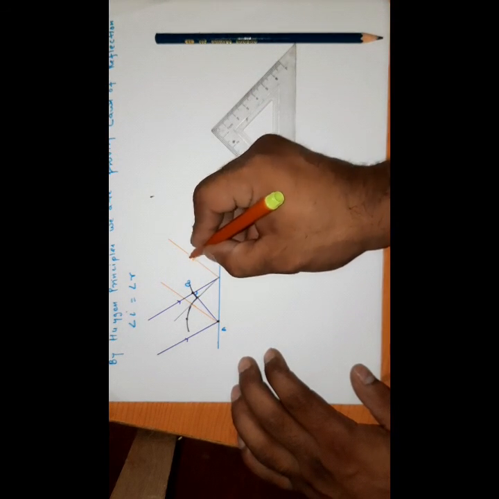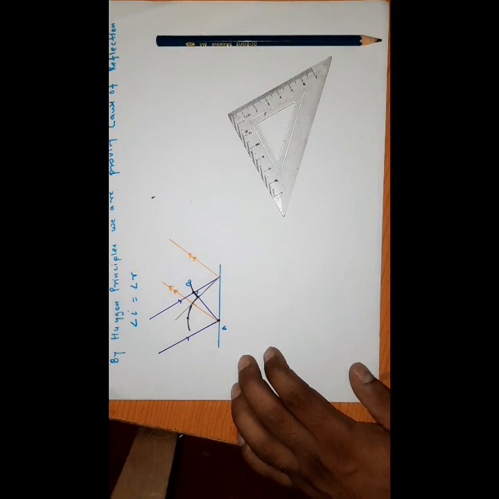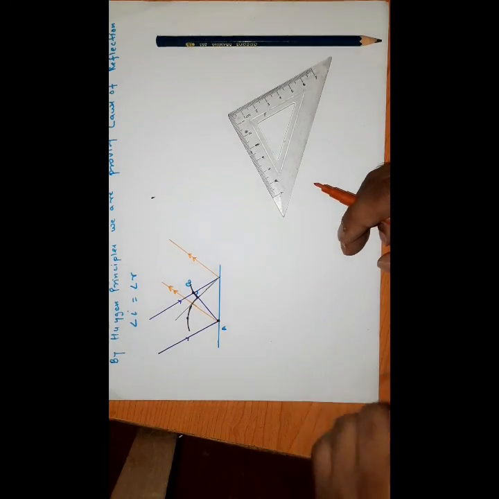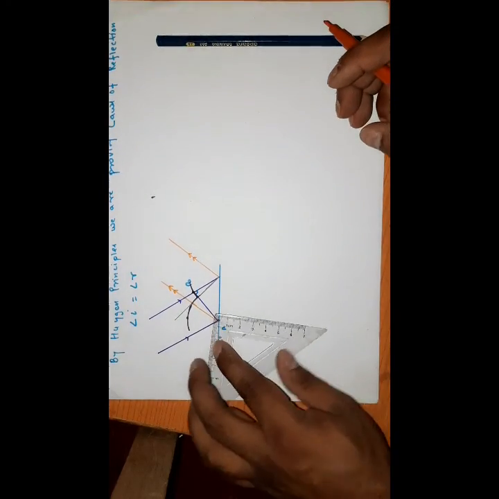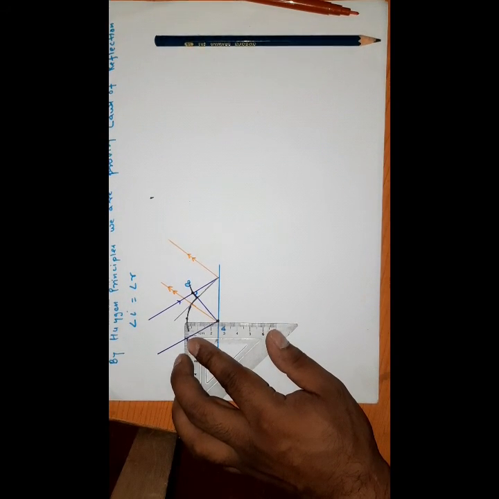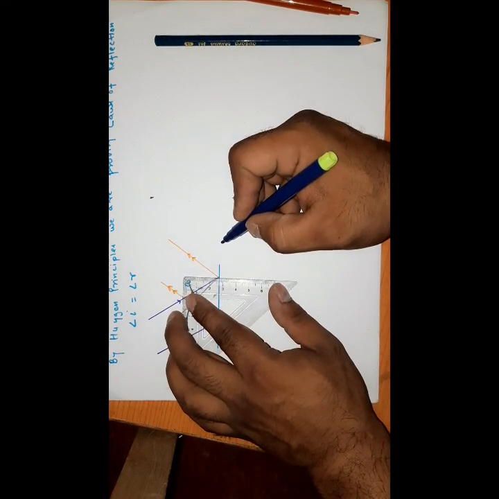So these are reflected rays, and the initial blue color, yeah, purple color is the reflected rays. Now we'll draw the normals. This is one normal. We'll draw this. Here is one more normal.